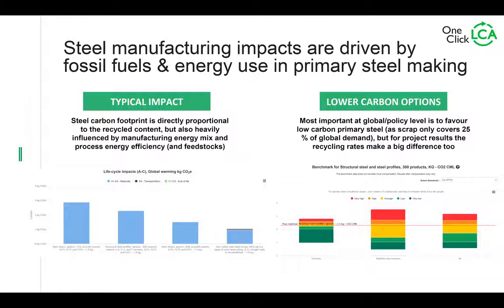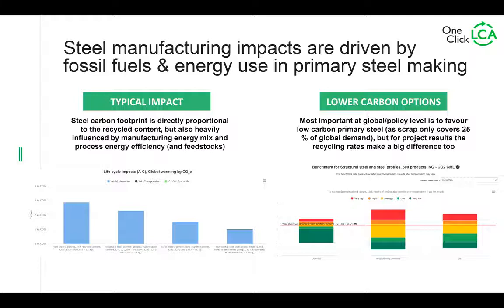Now, if you are looking into this at the policy level or global level, the most important thing is to favor low carbon primary steel. But of course, at the project level, recycling rate makes a difference too. Because 100% of the recycled steel is always going to be used, as it costs the same as non-recycled, with no premium for this type of commodity, it's not going to go to waste.